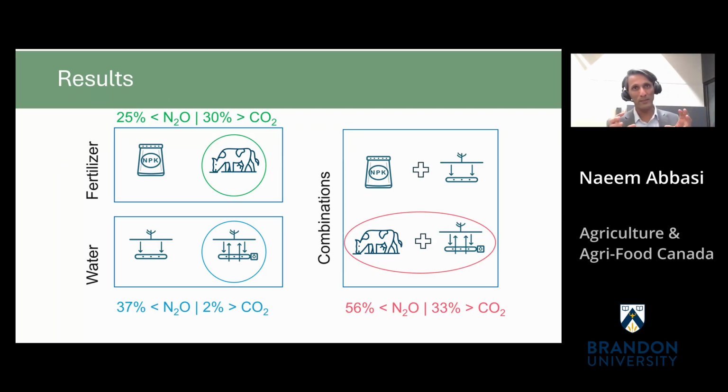And then overall, because when we are applying some BMPs, if we are going all in and applying both innovative ideas of solid cattle manure and controlled drainage, in that case, we will see a 56% reduction in N₂O emissions and 33% increase in CO₂ emissions.